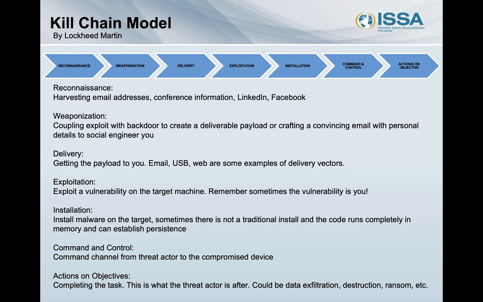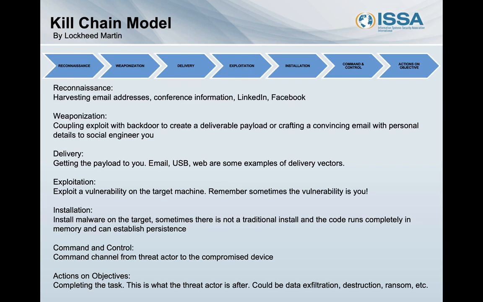And that's going to be from your command and control. And you could have multiple. You could have the initial download of the malcode from one channel. It installs, and then it does actions on objectives. This is what the threat actor was all about. So he's trying to exfiltrate something off your machine. He's trying to destroy your machine.